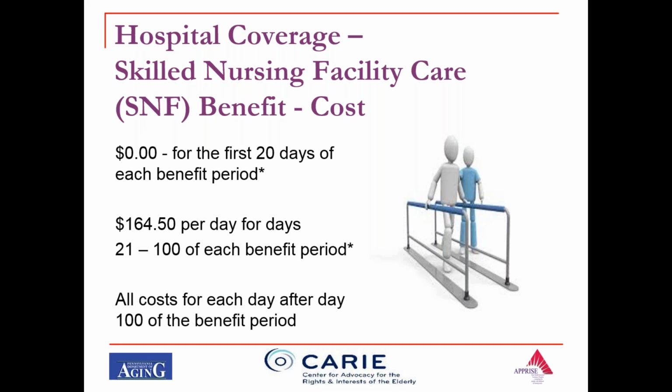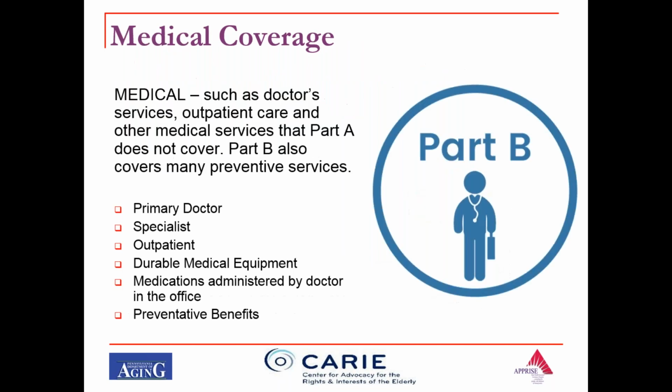And a person has 100 days in a benefit period. That's a pretty hard limit, and unless a person decides to get additional coverage, which we'll talk about later, they may only have that 100 days for skilled nursing facility in that benefit period.